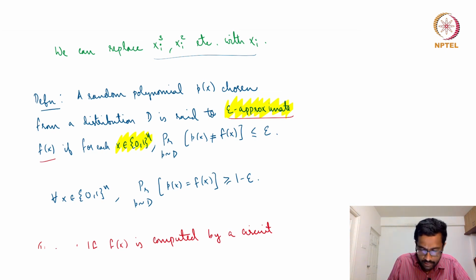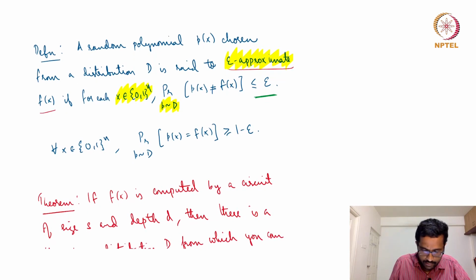This probability is taken over the distribution of polynomials. So fix the input x. For that fixed input, what is the probability that the polynomial is not equal to the actual function? This probability must be at most epsilon. When this happens, we say that the random polynomial or the random distribution epsilon approximates the function.